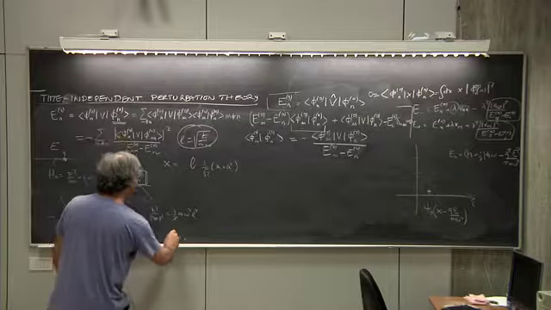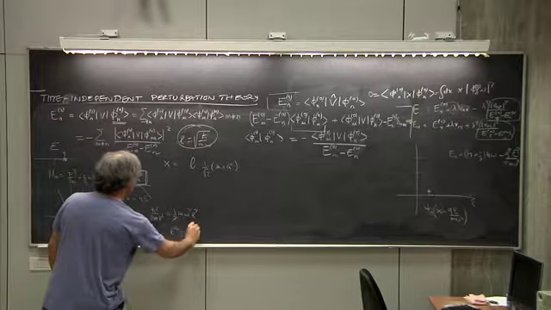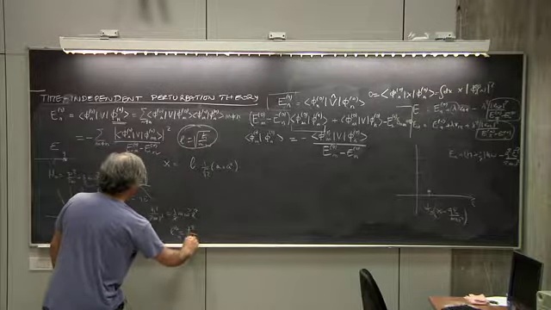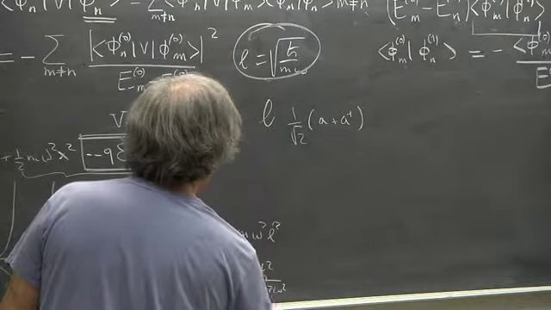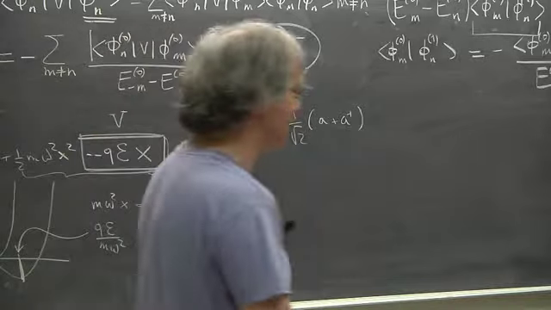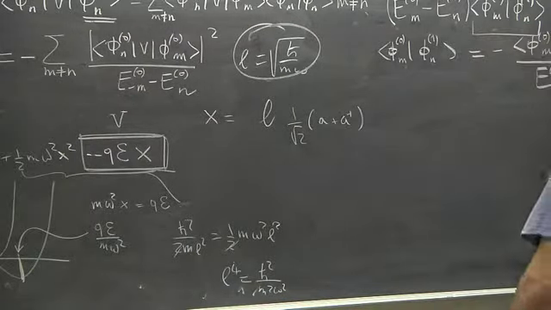I always believe only after checking. So L to the 4th is equal to h bar square over m square omega square. So L square is that. Yes, now I believe it. Good. I never remember by heart.